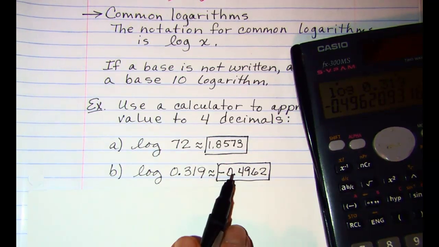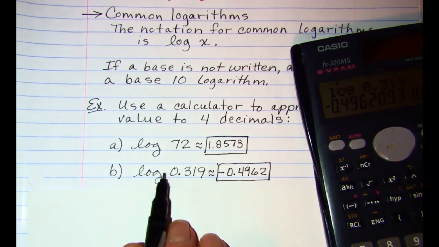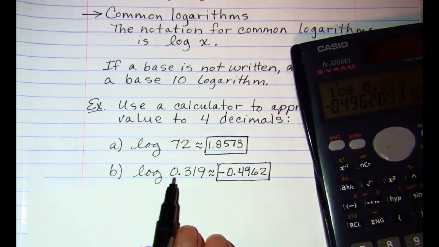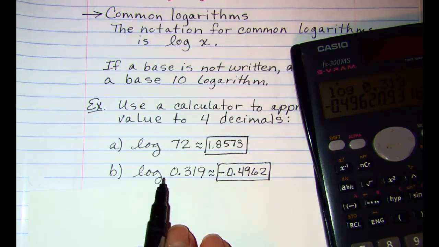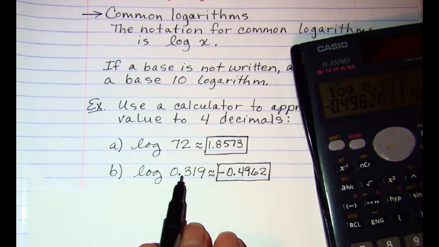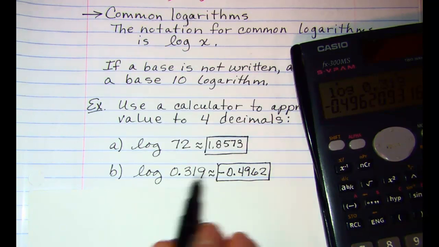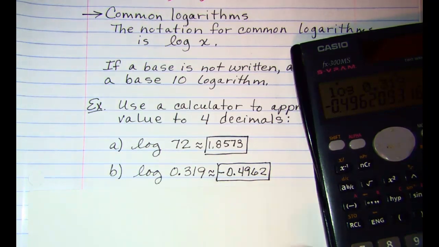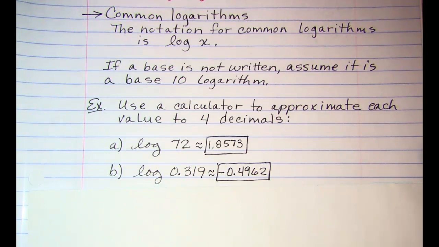Now this makes sense that it would be negative because we're actually calculating the power of 10. Remember, our base is 10 when it's not visible. So we have 10 to a negative power is going to give me a decimal, which is why we have that negative logarithm.